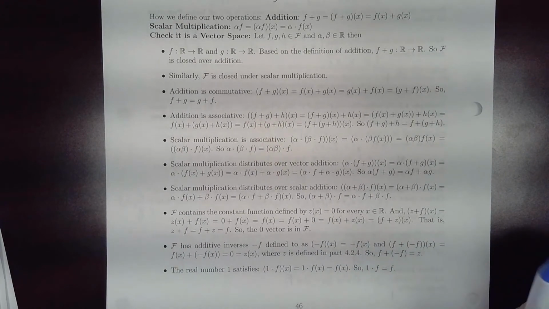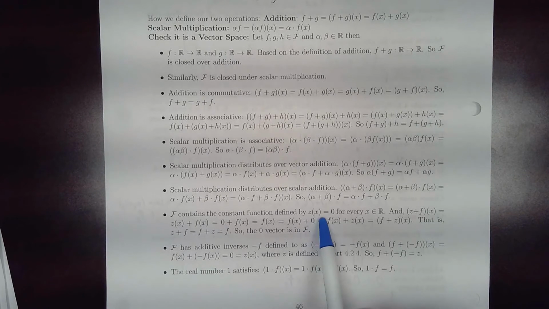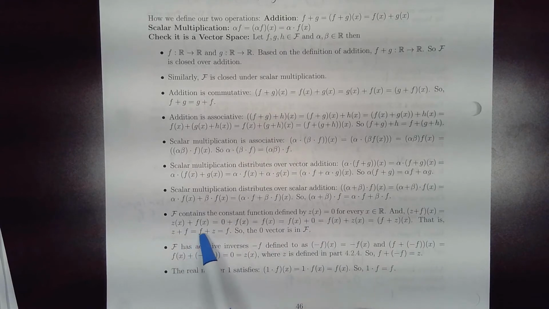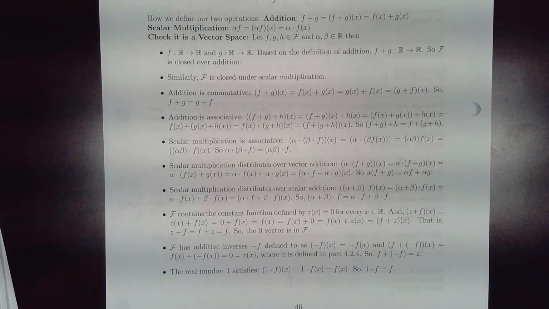Ignoring these next 5 properties, going down to the 0 vector. For us, the 0 vector is going to be a constant function z of x equals 0 for every x in the real numbers. If we add the zero function to another function, we'll just get back whatever that function was. So that'll be our 0 vector.